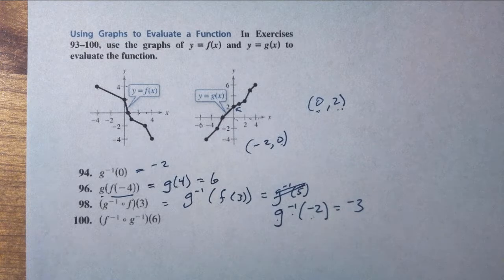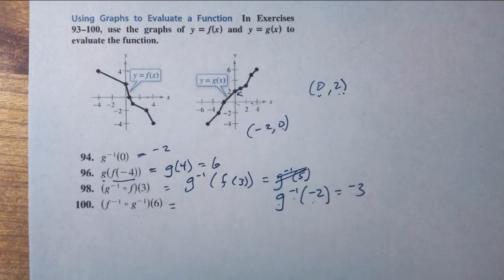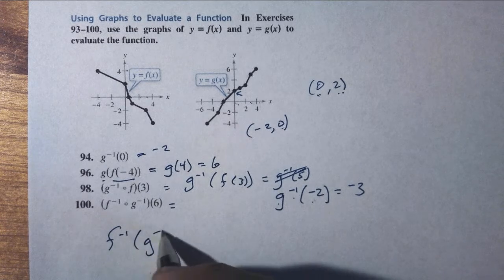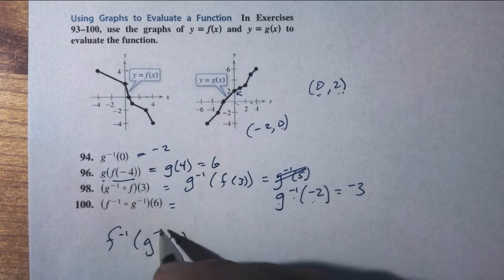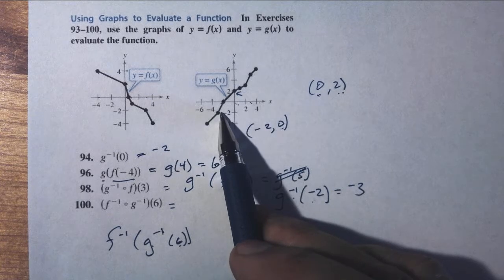Highly recommend give 100 a quick try. Might want to pause, take a minute or two, try to figure out 100. Okay, once again, hopefully this is welcome back. This is f inverse of g inverse of 6. So I'm putting 6 into g inverse. This is g.